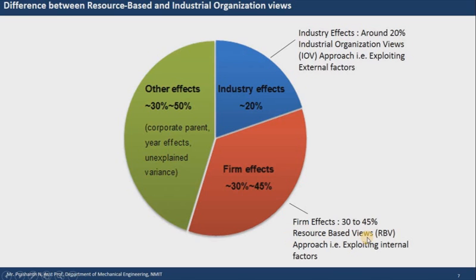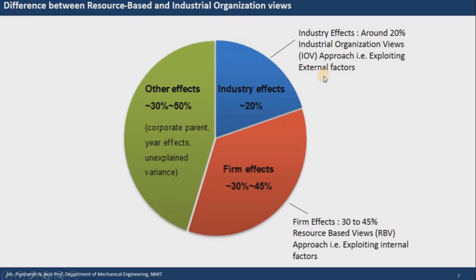30 to 45%. Similarly, what about the remaining percent? There is one more view, known as the industrial organization view, or IOV approach. This approach focuses on exploiting the external factors. This will provide around 20% effects.